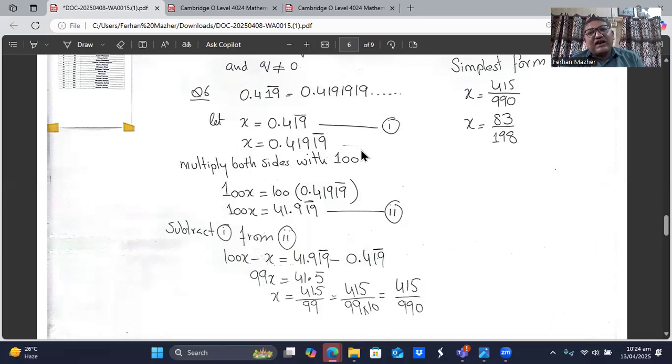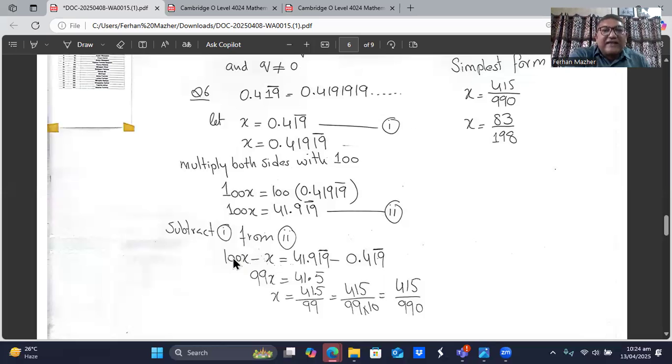So multiply both sides with 100. So you get 100x equals 100 multiplied by 0.419, and on the next 19 we have a bar sign. So 100x will be equal to 41.9 and 19, with a bar on this 19. So from this second equation, we will subtract this first equation.